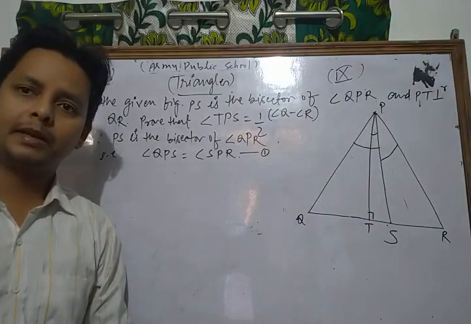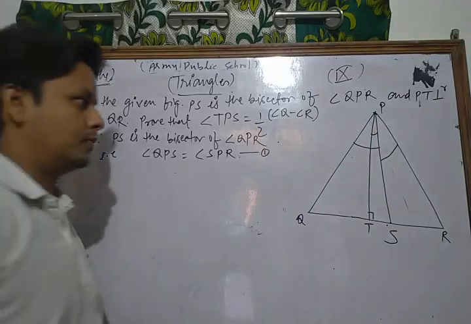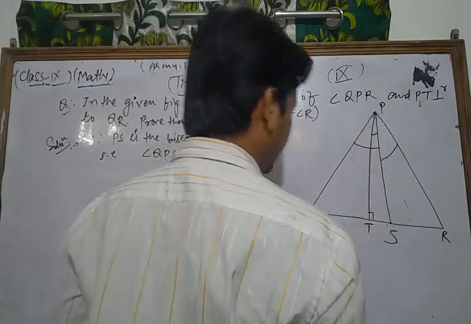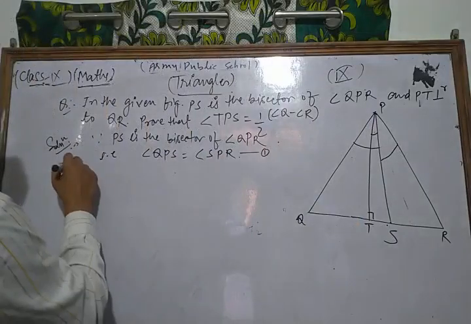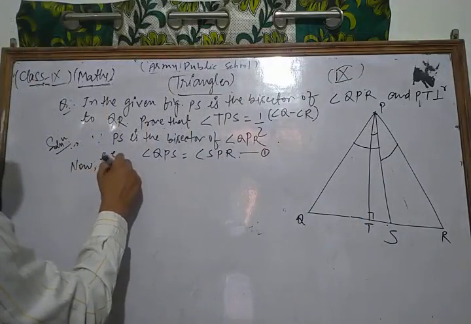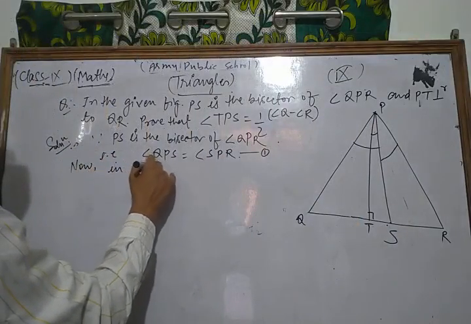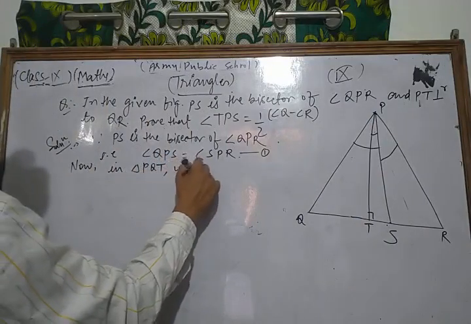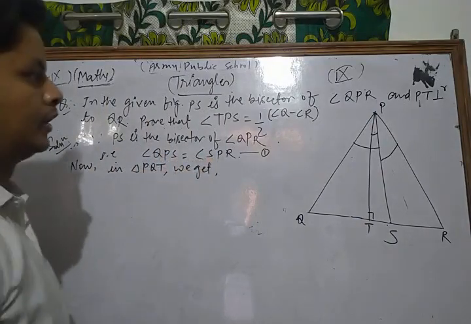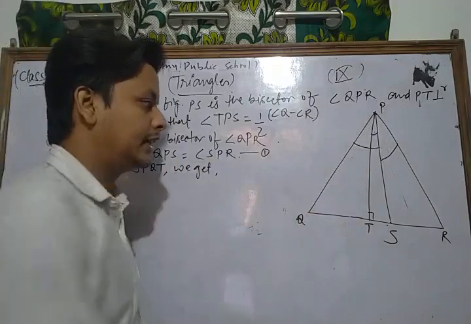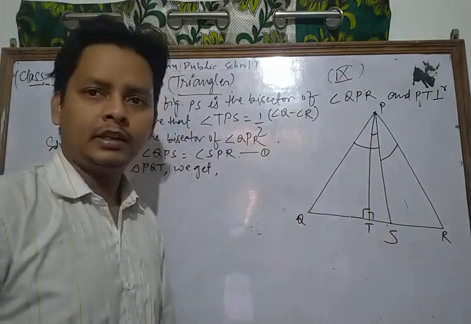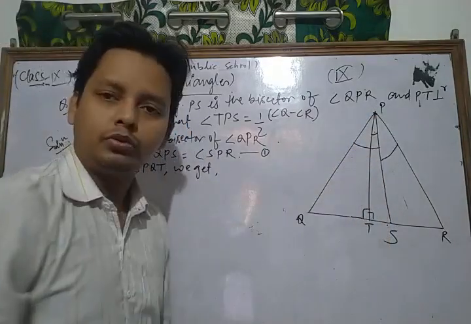Now we take triangle PQT. In triangle PQT, angle T is 90 degrees because PT is perpendicular to QR.